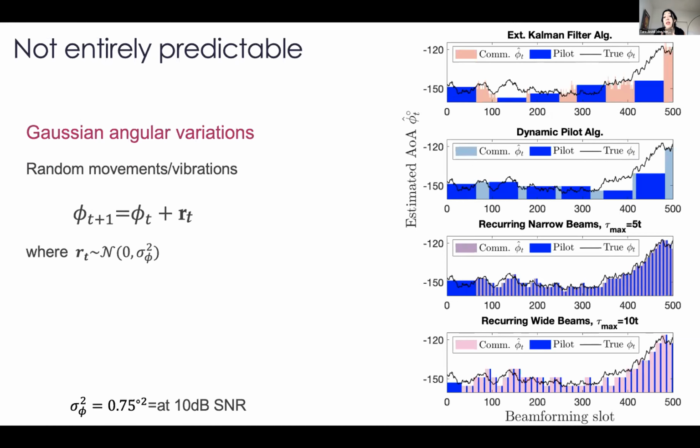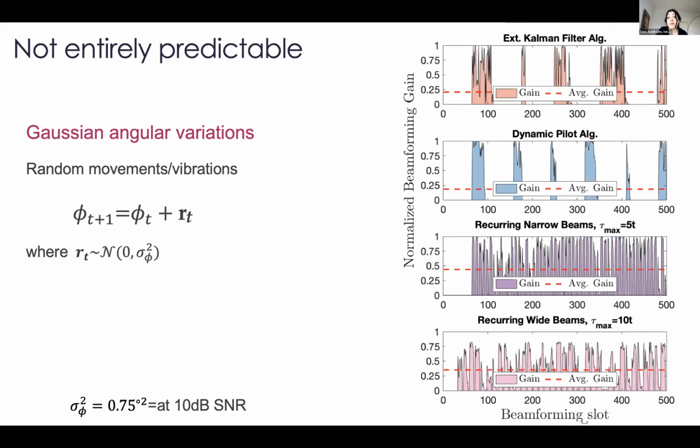So very quickly, you lose the transmitter after a while. A cumulative error builds up, and in all of these methods, the time that you spend going back to estimation becomes significant compared to the communication time that you have.